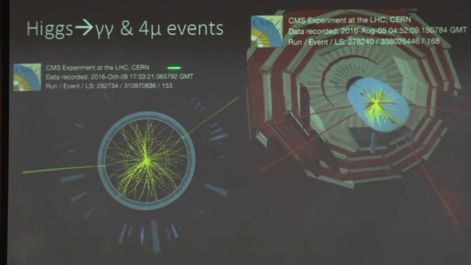Similarly, in the vector boson channel, if the Higgs decays into two Z bosons, and each Z boson decays into two muons, then you get this kind of picture. Then you get 1, 2, 3, 4 muons.